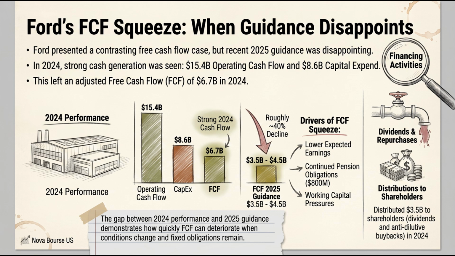The company cited lower expected earnings, $800 million in pension obligations, and working capital pressures. Despite this, they still distributed $3.5 billion to shareholders in 2024. This gap between performance and guidance shows how quickly free cash flow can deteriorate when operating conditions shift, while fixed obligations remain.